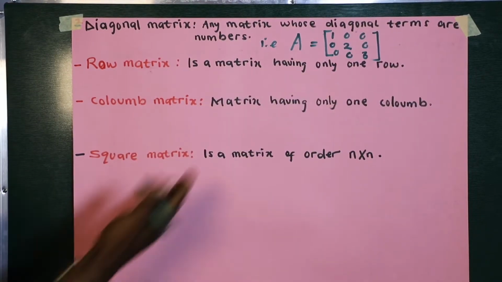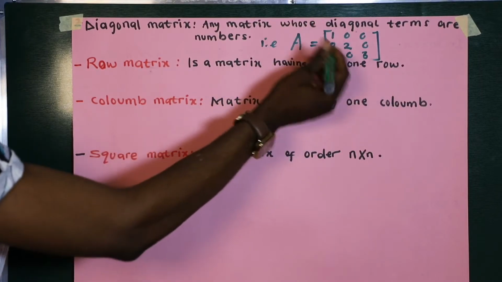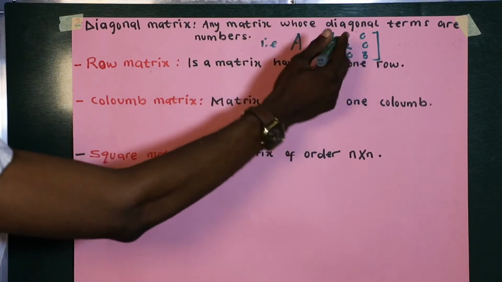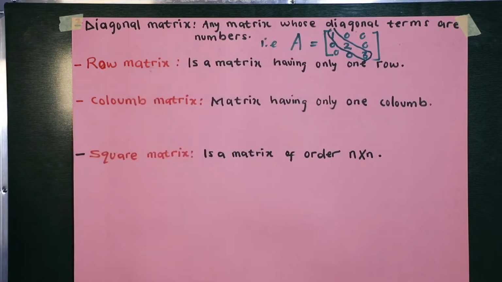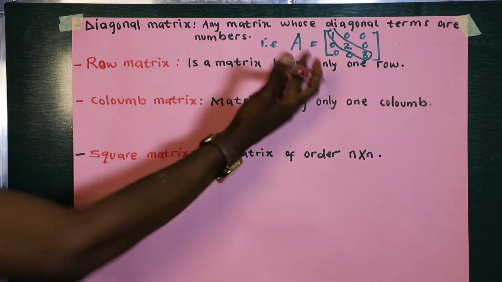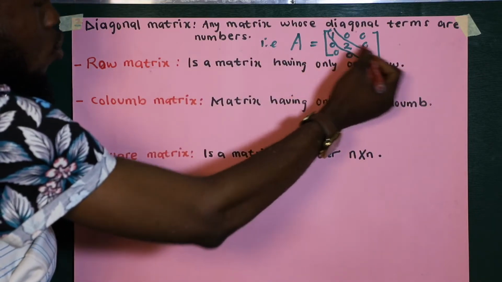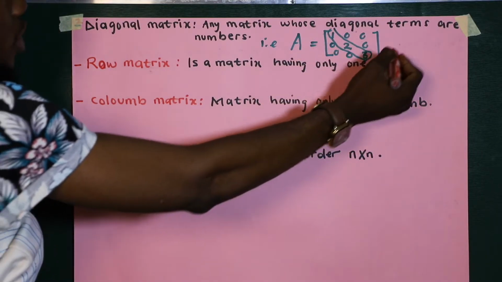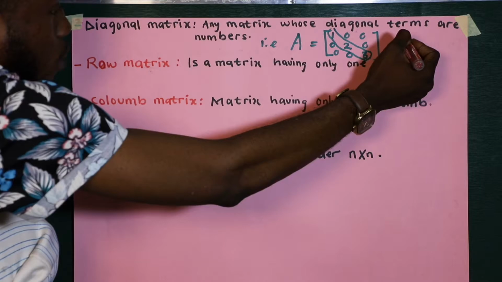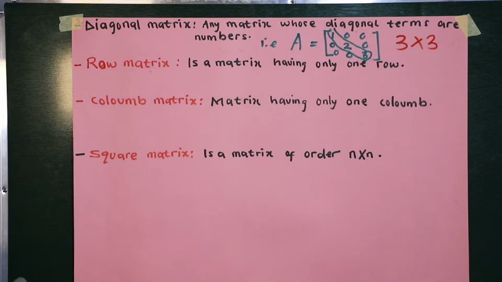This is a matrix whose diagonal terms are numbers. They are not identical numbers. They are numbers of different types. So this is what we call a diagonal matrix, and the order of this matrix is row 1, row 2, row 3, column 1, column 2, column 3. We write the order as 3 by 3.